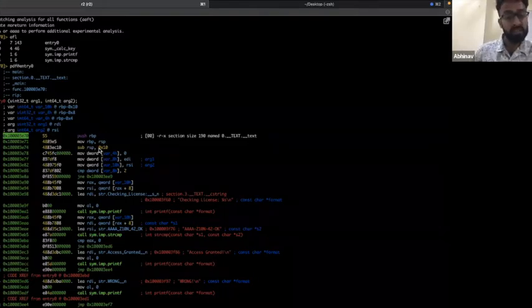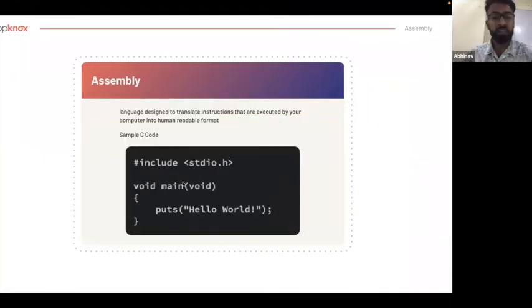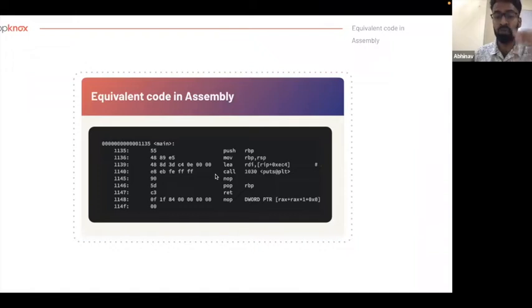Why we did not see this in the earlier example was because if you look at that function, there are no variables, there are no arguments being passed. So even though it initialized the stack frame, because there was no data to be stored in it, it did not allocate space by moving RSP down.